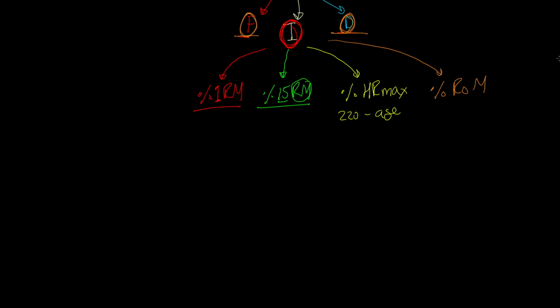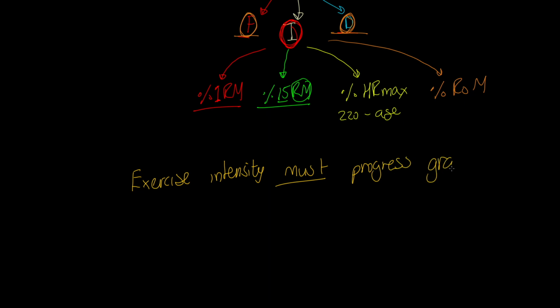So what we're going to say here is I want to reapply a rule to you guys, and it's something that we've covered when we did the principles of training lesson, and it's the following: exercise intensity must progress gradually and steadily.